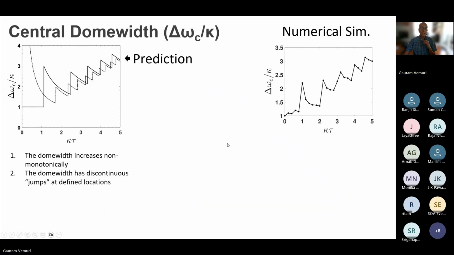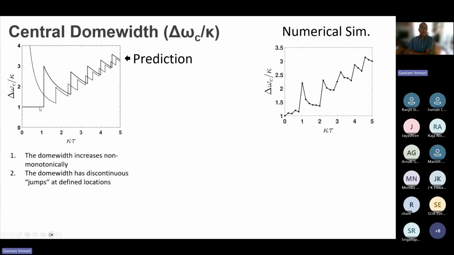One of the consequences of this non-Markovianity is that if I look at the dome width using the Lambert W function as a function of kappa, we find that instead of a monotonic increase in the dome width, we still get an increase. The overall trend is to increase the dome width, and just look at this dark solid line.